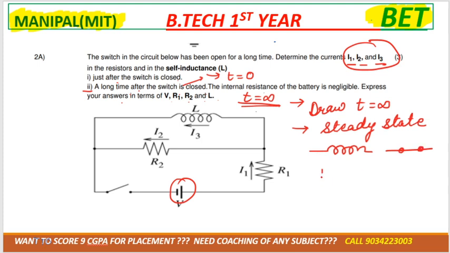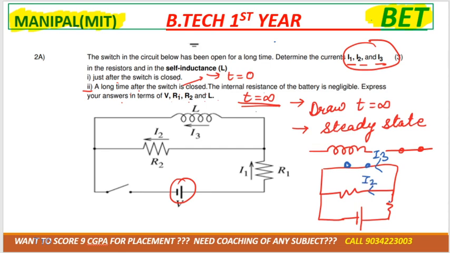So if I redraw the diagram, resistors as they are, the switch is closed with the battery provided, and the inductor will be a short circuit, correct? Now this is the diagram, and in this particular diagram we need to get I3, we need to get I2 and we need to get I1. As you can see, the current is flowing from here, so the current has two options.